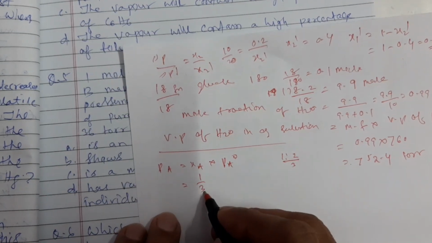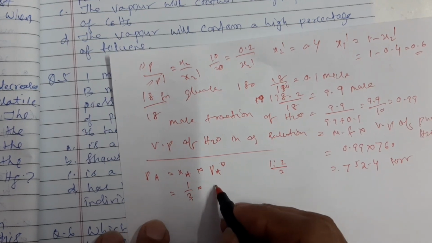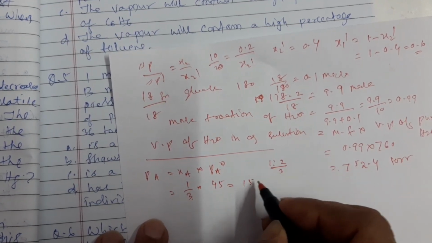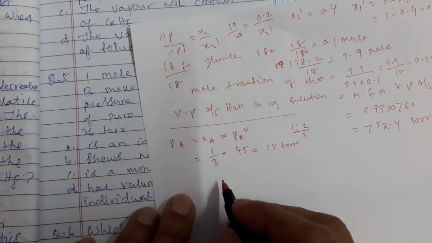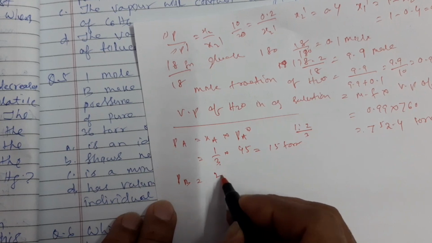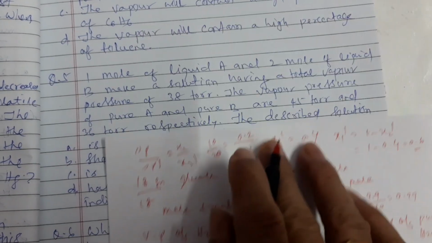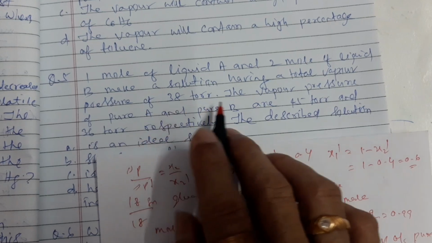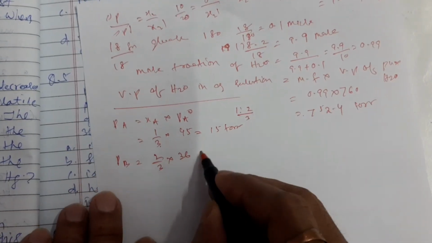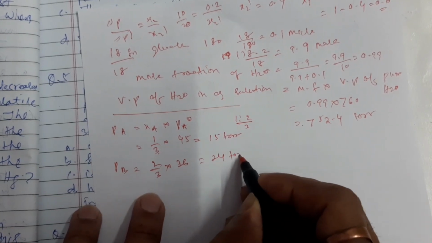So 1/3 of XA multiplied by the pure pressure of 45 torr, so you will get 15 torr. Similarly for PB, this is 2/3 multiplied by 36 torr, which is given, so you will get 24 torr.